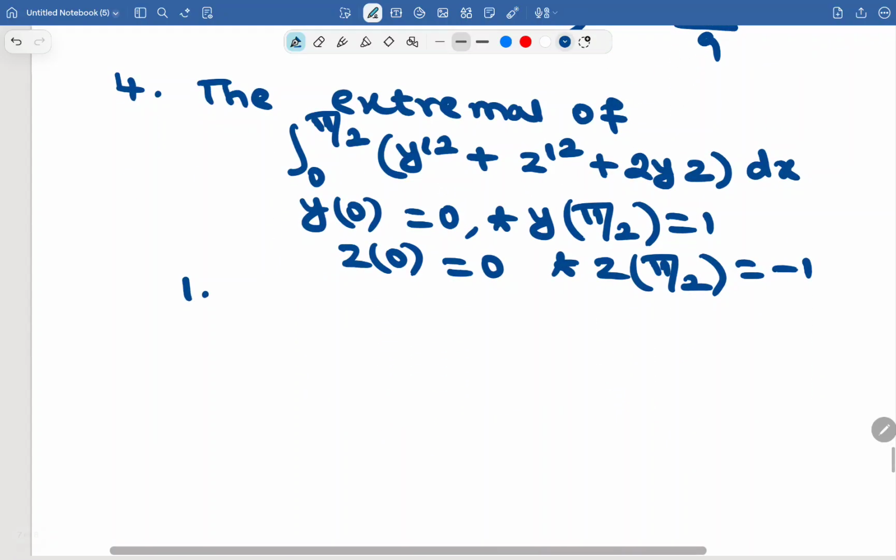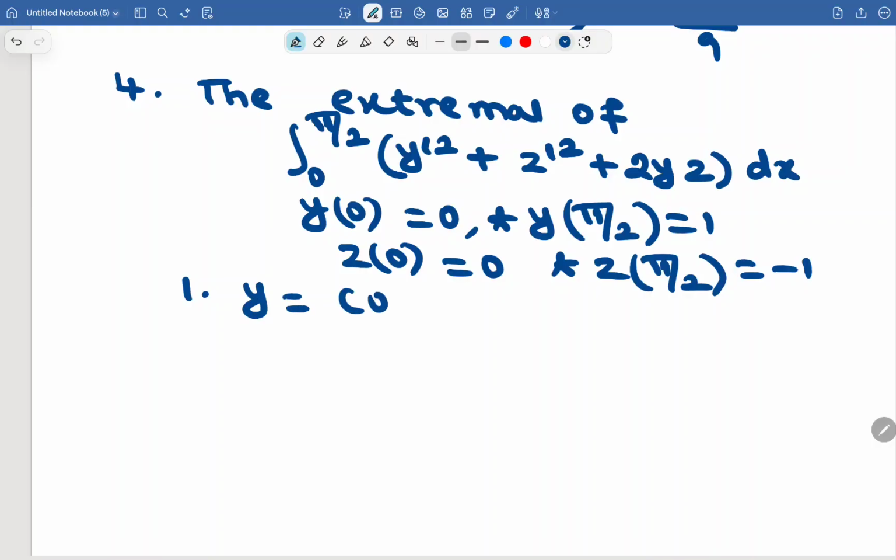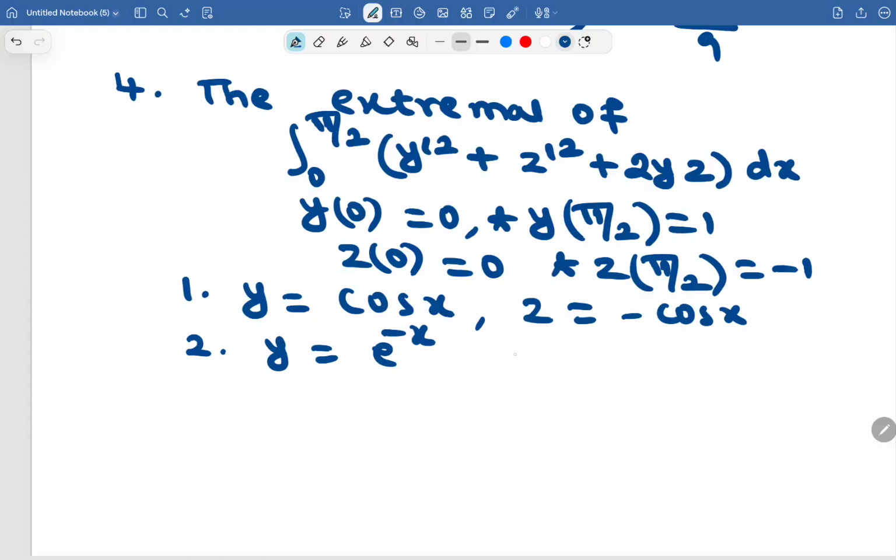First option, y equal to cos x, z equal to minus cos x. Second option, y equal to e power minus x, z equal to cos x.